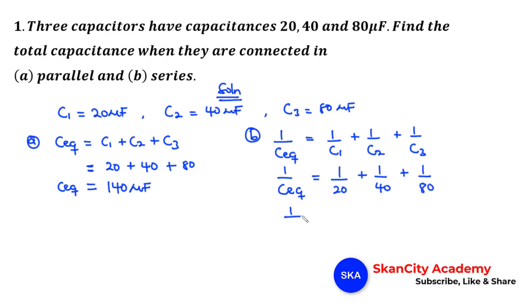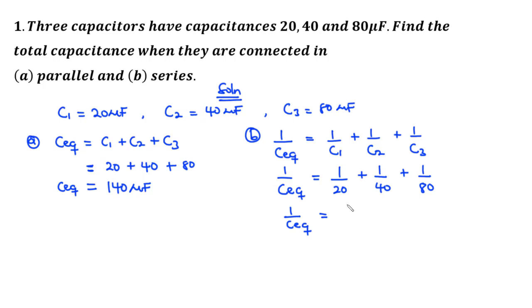If you add these 3 fractions, you are going to obtain 7 over 80. Then C equivalent, the reciprocal of this, is 80 over 7, which is equal to 11.4286 microfarads.